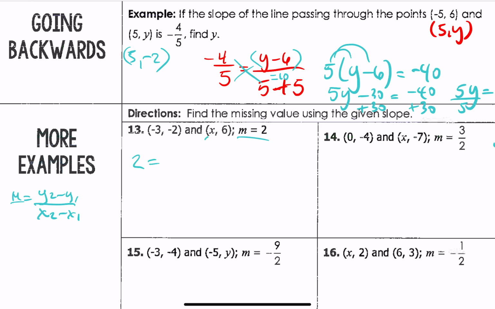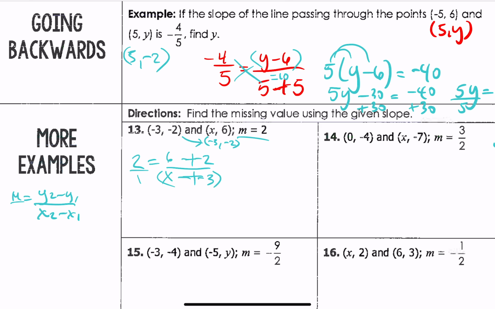Now you're going to do that slope formula, and I'm going to stack this point underneath and set up my slope formula. And for my y's, I have 6 minus negative 2, and I have x minus negative 3. These are both going to become addition, right? And now I am going to set this up as an algebraic proportion. So my variable is here, right? I'll make that a fraction too.